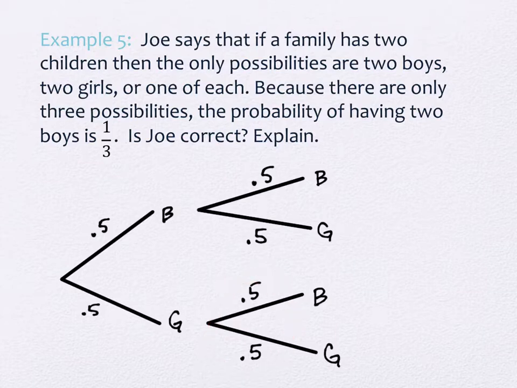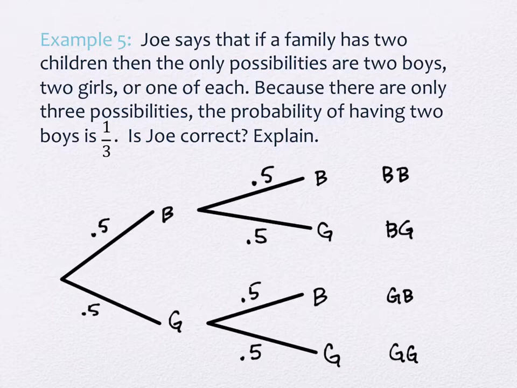Okay, so along the top branch, the outcome is boy, boy. Along the second branch, the outcome is boy, girl. Along the third branch, it is girl, boy. And along the fourth branch, it is girl, girl. So one statement that you could make is there's really not 3 outcomes.